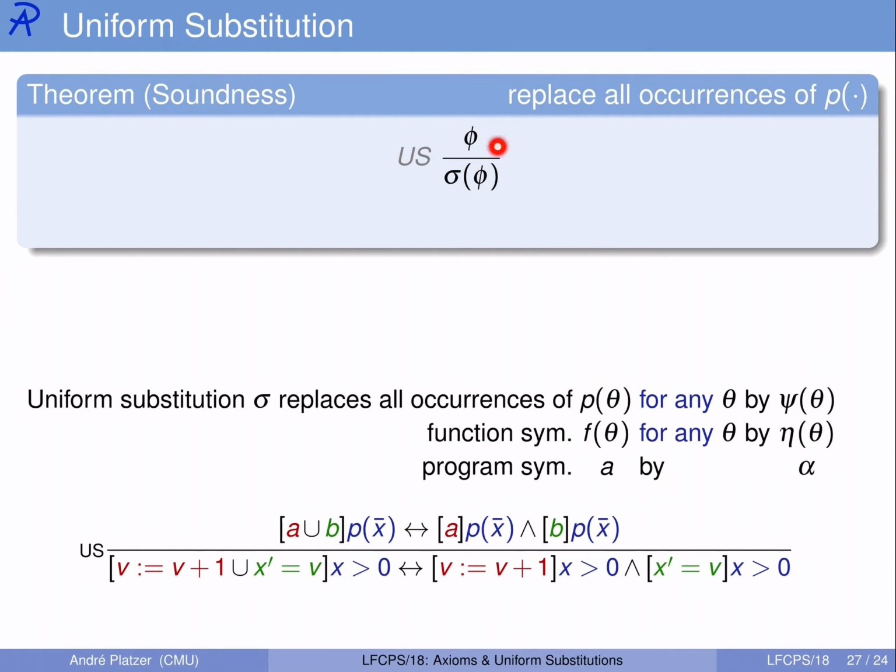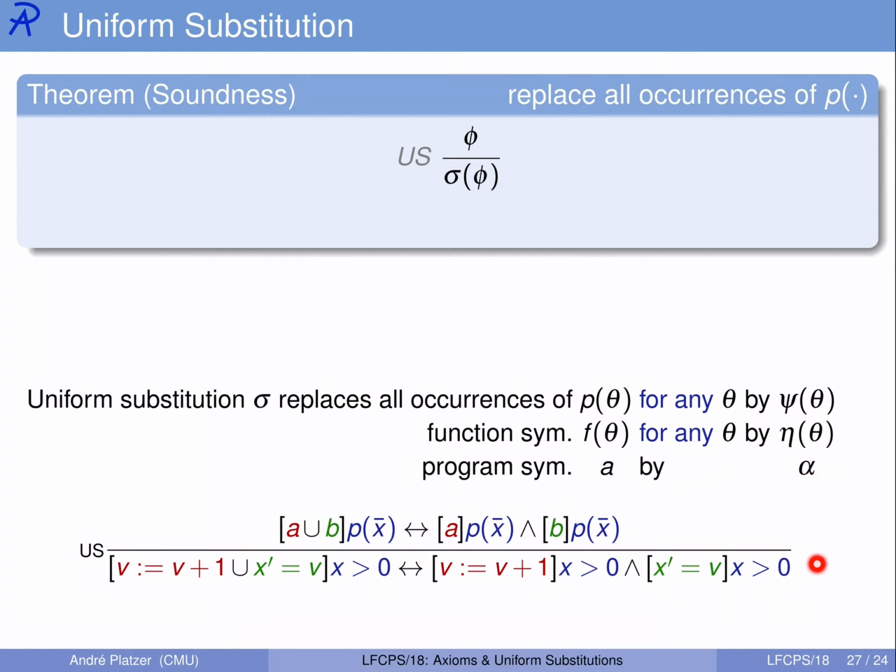Uniform substitution says that if a formula phi is valid because it has a proof, then a substituted version of it is also valid. The uniform substitution replaces all occurrences of predicate symbols of arguments with a specific formula of the same kind of argument plugged in, recursively by using uniform substitutions, while replacing function symbols of arguments by terms of the arguments, again plugged in recursively by uniform substitutions, and replacing program constant symbols by concrete hybrid programs.